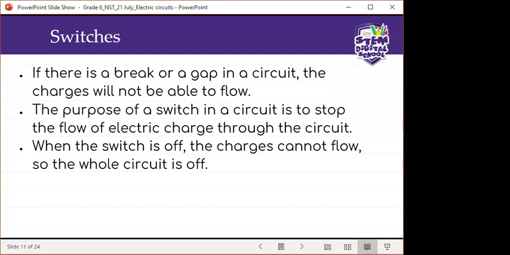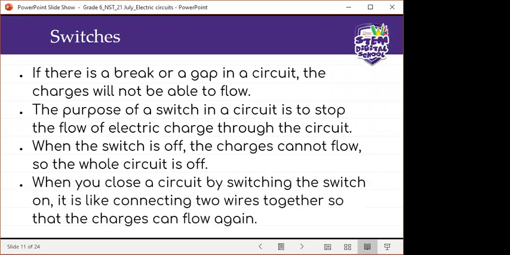But that doesn't mean that there are no charges. It simply means that they cannot flow, but the charges are still there. When you close a circuit by switching the switch on, it's like connecting two wires together so that the charges can flow again. In the previous examples that we looked at, we didn't have a switch, so there was a continuous flow of charge, but the moment we put in a switch, we can control the charge.